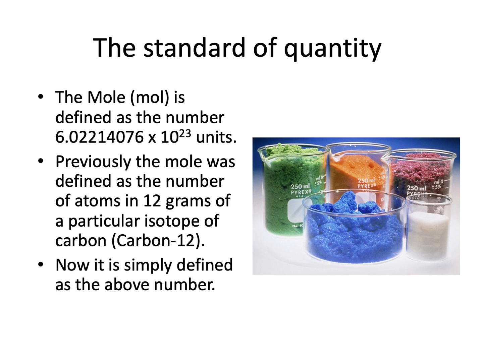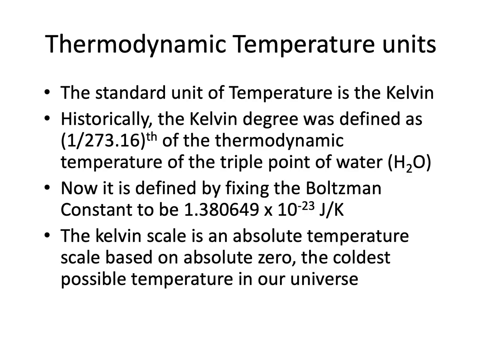But long story short, what you need to know is that a mole is just this really big number, and you don't need to know all of these digits. Most people just remember 6.02 or even 6.022 times 10 to the 23rd, and that's a pretty reasonable approximation for a mole.